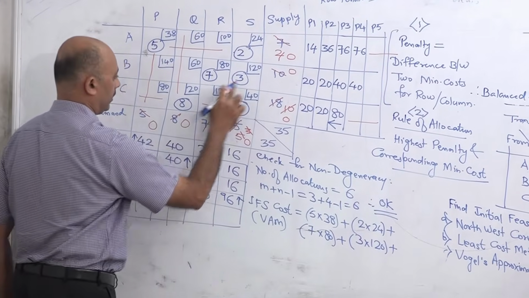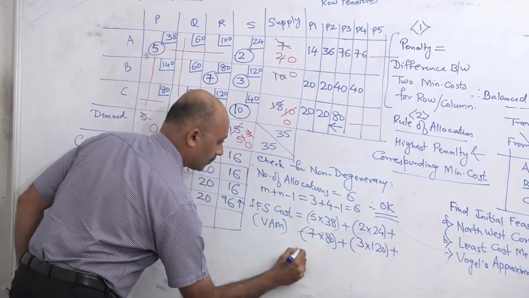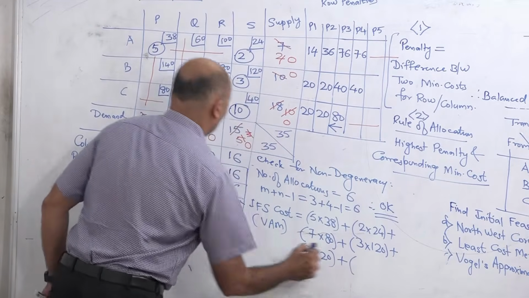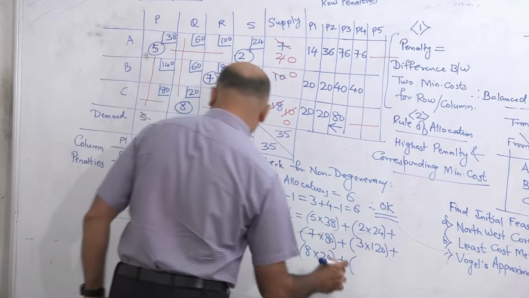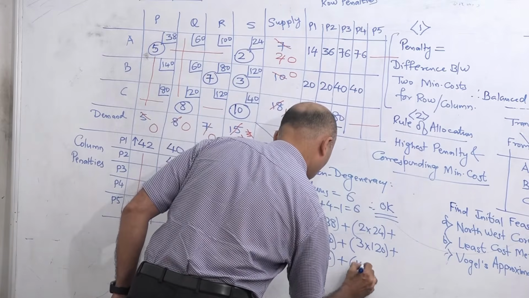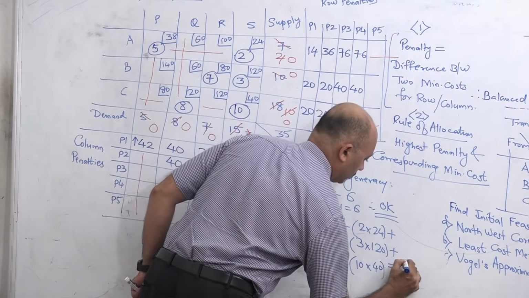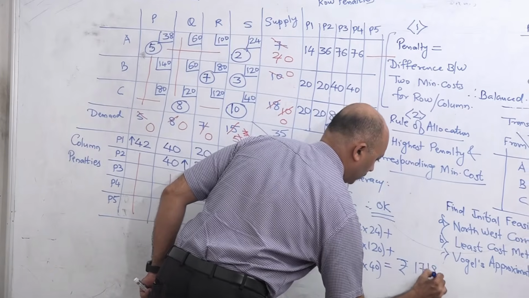Okay, 3 into 120, then 8 into 20 plus 10 into 40. And when you add this, you will get total cost as rupees 1718.